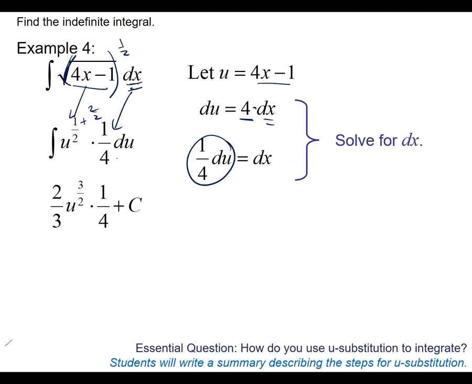Alright, do we see anything we can simplify right here? How many times is 2 going to 4? 2. So it looks like I could multiply 2 times 3 and get 1/6 out front. So 1/6 u to the 3/2 plus c.